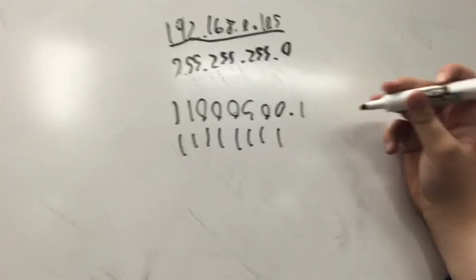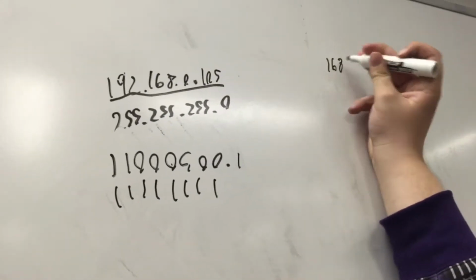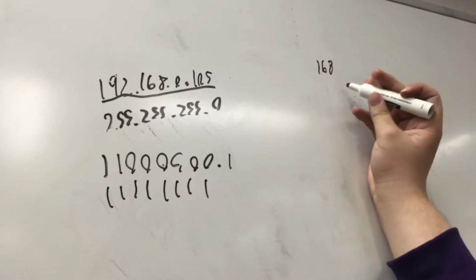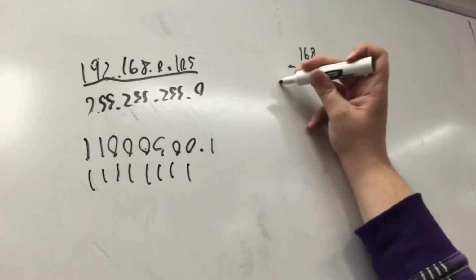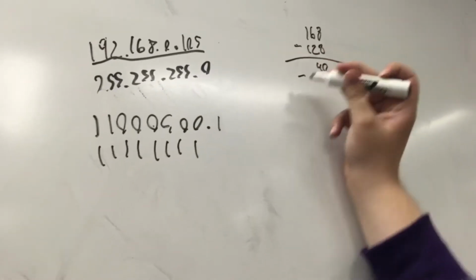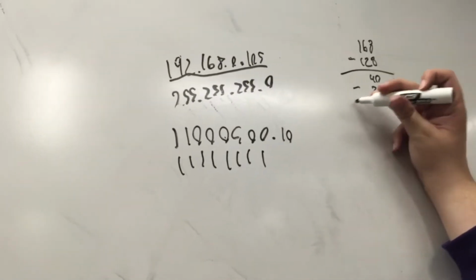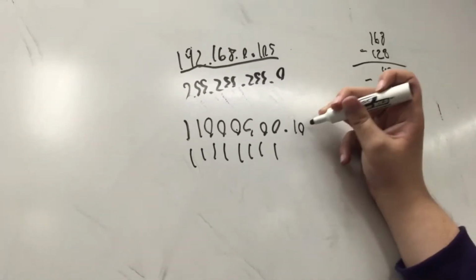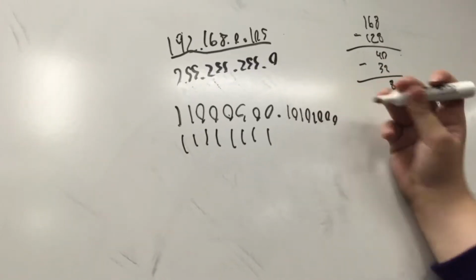So that'd be 128. So let's see here. Let's take 168 and do the binary subtraction. 40. Can't subtract 64. So 0, then minus 32 leaves 8. Can't subtract 16. 8. 0, 0, 0.